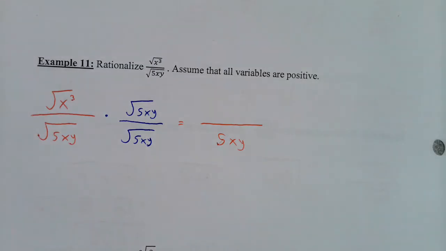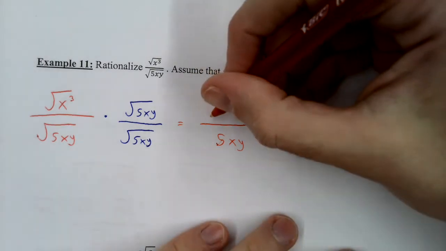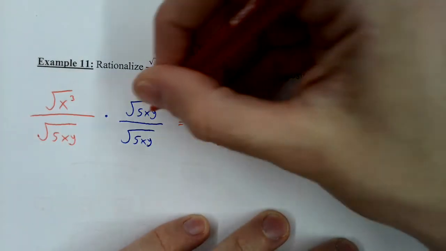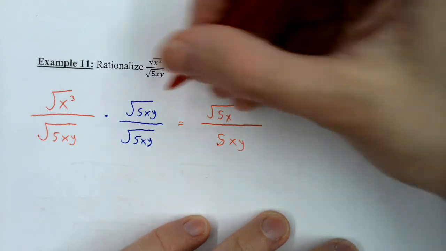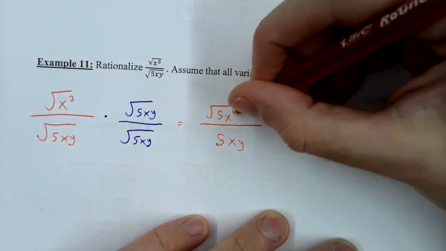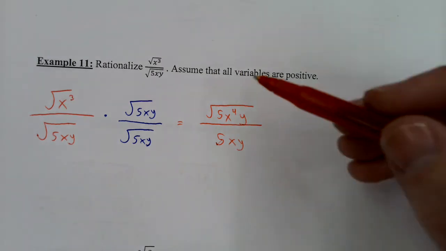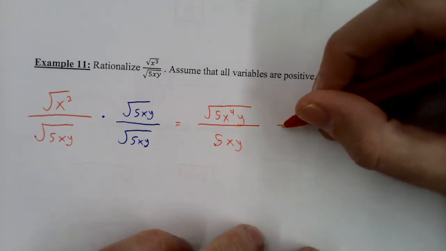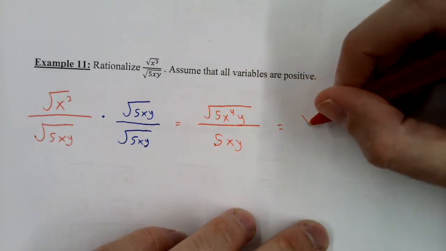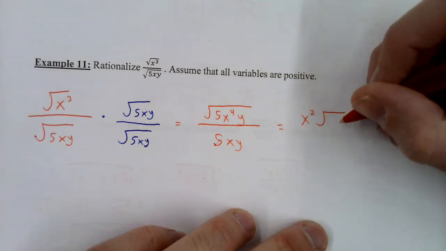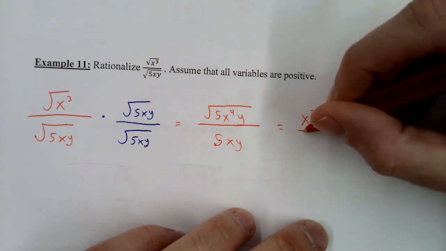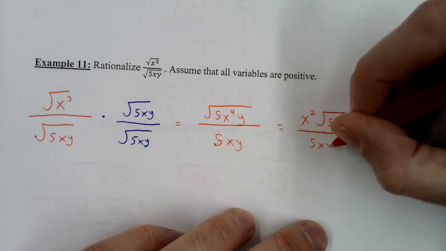No square root symbol. My numerator, I get the square root of 5x to the 4th power y, because you add the exponents when you multiply. And then you can simplify the square root of x to the 4th, because the square root of x to the 4th is x squared, and you're left with 5y under the radical divided by 5xy.